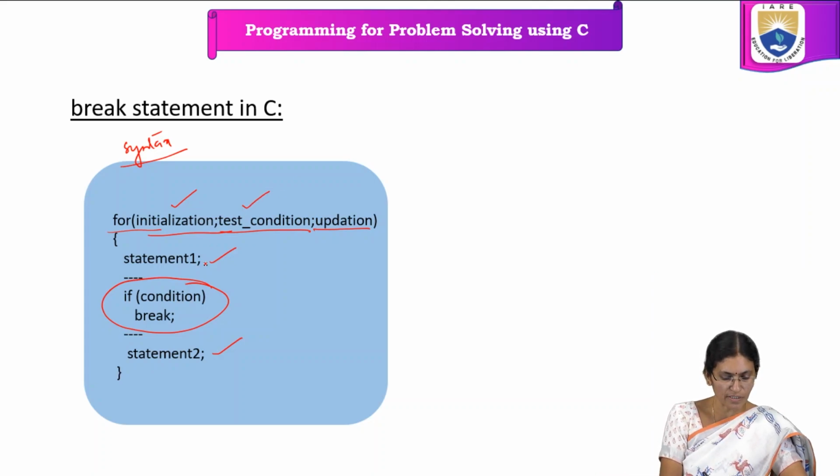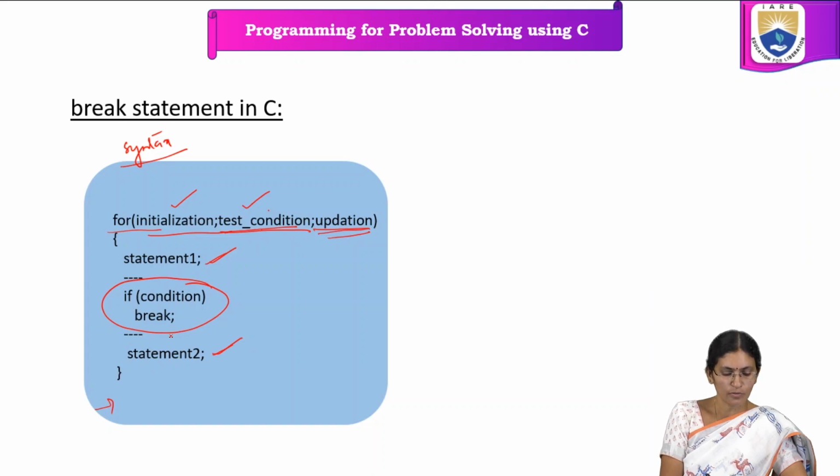If it is true, statements 1 and 2 will be executed. After that, updation will be performed, then again the test condition will be checked. If this condition becomes false, then the control is transferred out of this loop. Now we have written a break statement here. Let us see how this loop performs in the presence of the break statement.